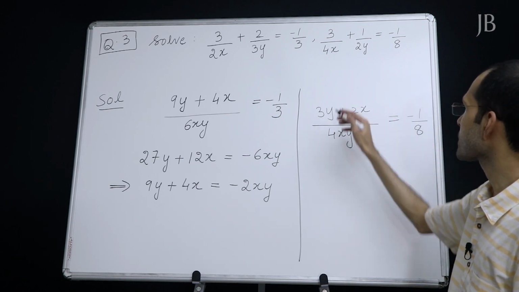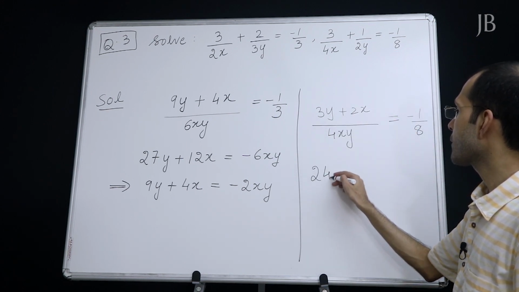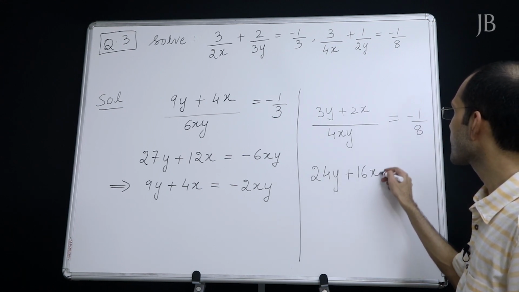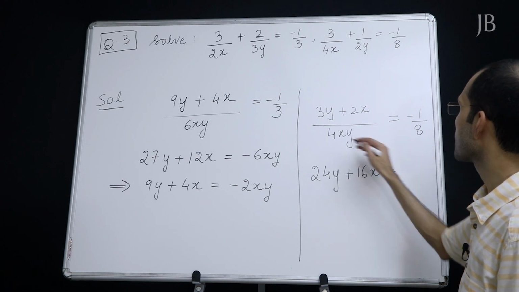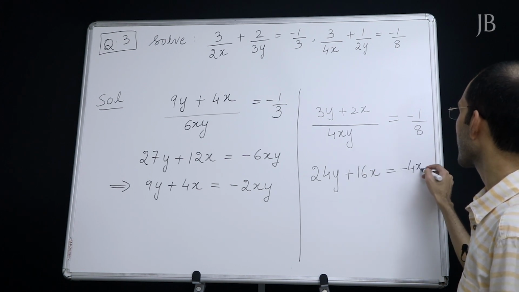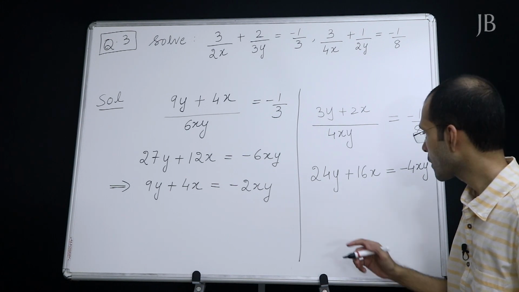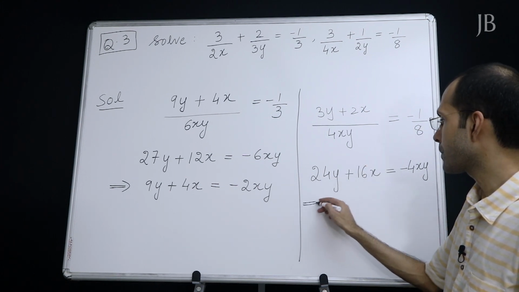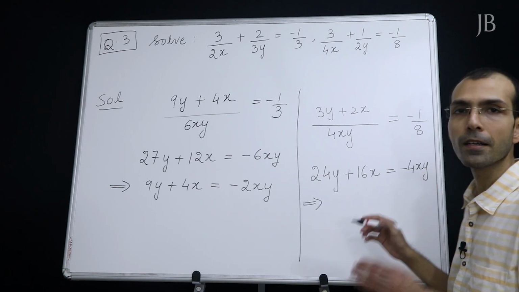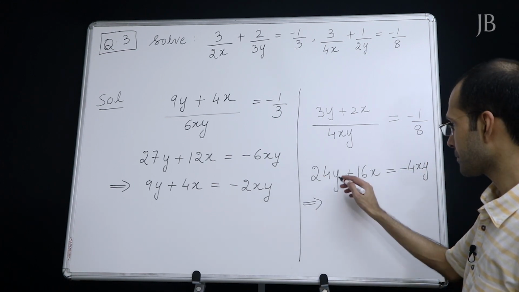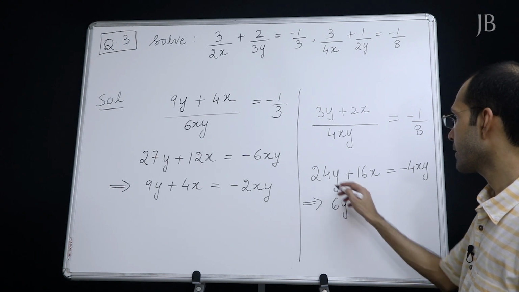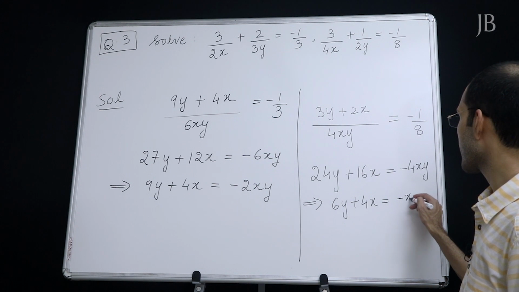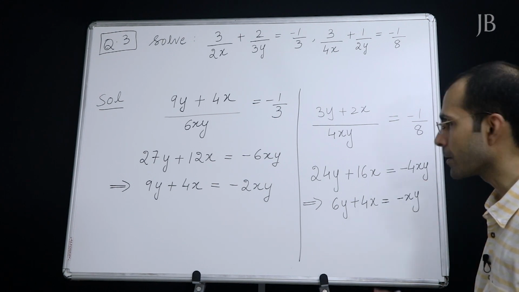Let's refine this, cross multiply. 24y plus 16x is equaling minus 4xy. Scope for reducing this equation further? Yes, this implies divide each and every term by 4. So this will be 6y plus 4x is equaling minus xy. Divide each and every term by 4.